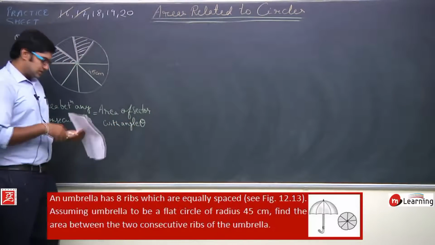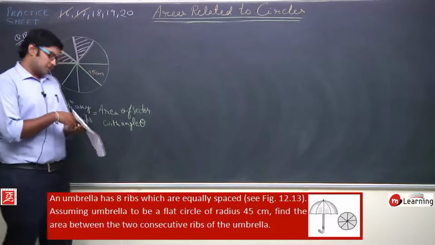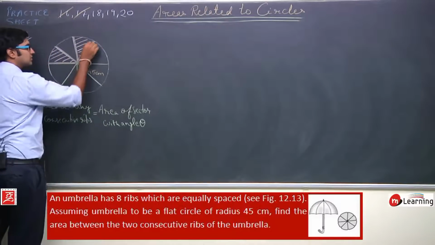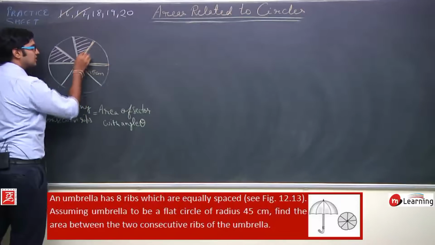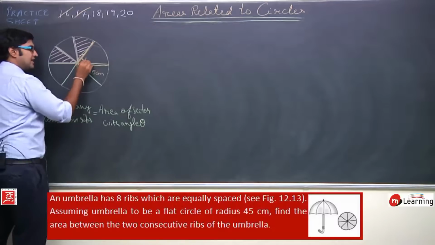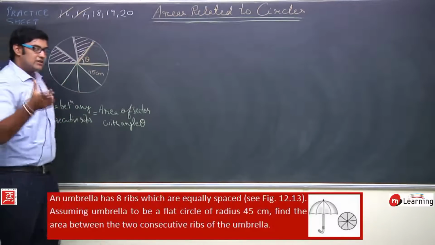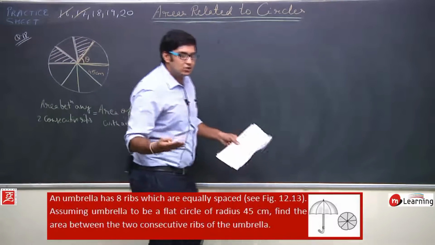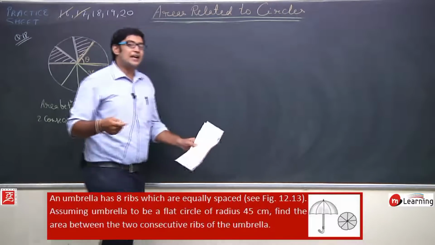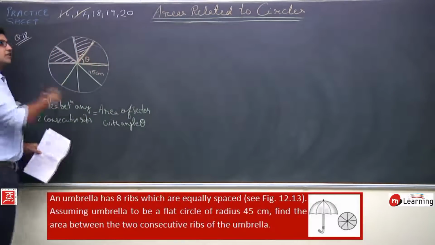From the diagram it is very clear that area between any two ribs, let us say these two ribs, this area, let us say this angle is theta. Area between the two consecutive ribs is similar to the area of a sector whose angle is theta degrees.